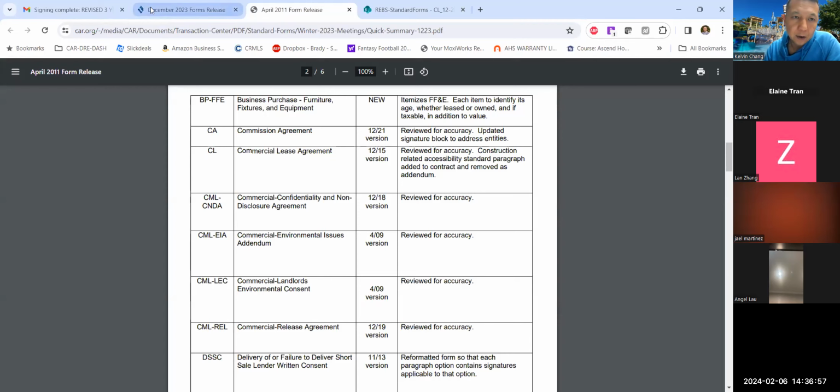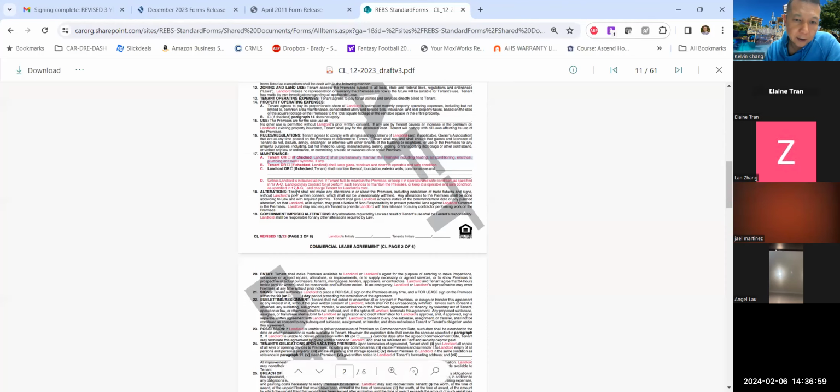Okay. So when you look at the other differences and changes, tenant shall keep the glass windows and doors in operable and safe condition. I was just in another transaction with Elaine, who's here today. We have video surveillance footage of our commercial building that's in escrow, a retail store.